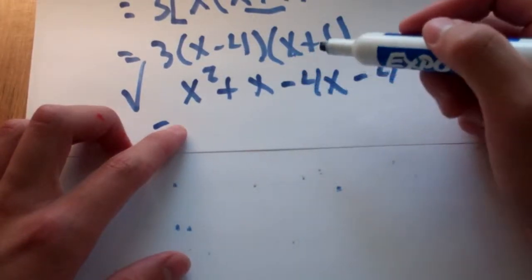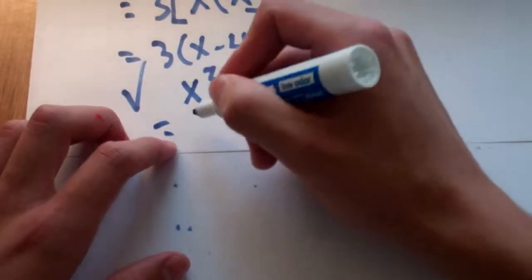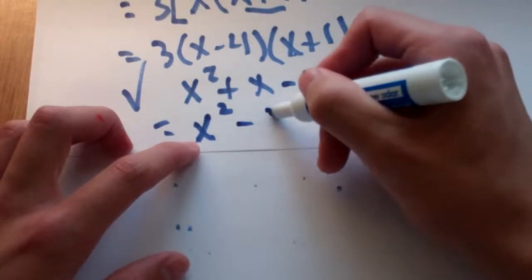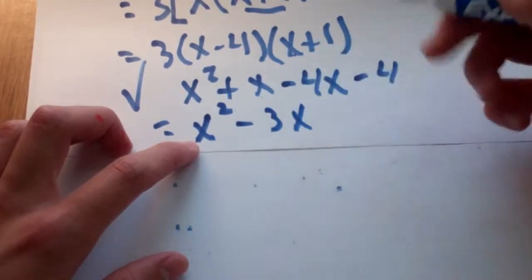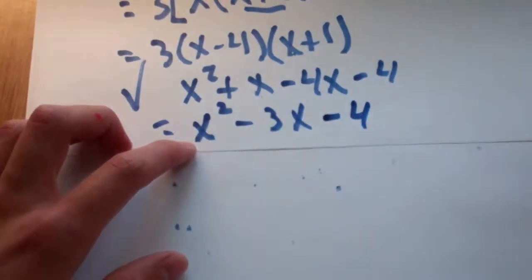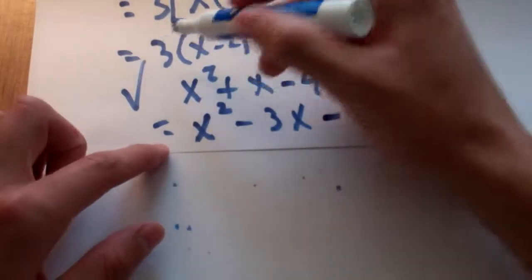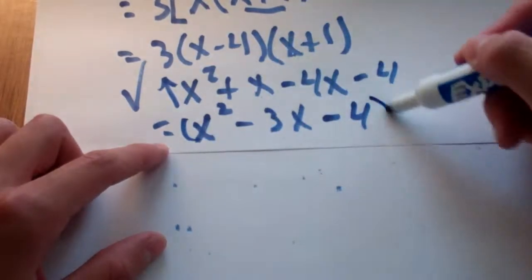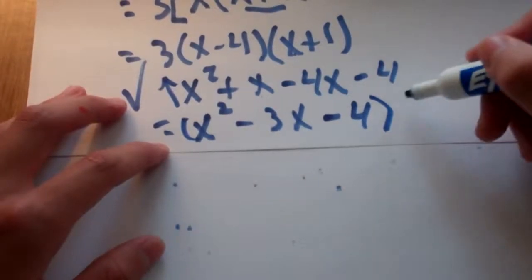Okay, what's next? Well, these two I can actually combine. They're like terms. So we have x squared minus 3x minus 4. And then what do we have? We actually have this 3 right here too, right? That I have to multiply times this entire thing. I almost forgot about that. It's kind of funny.